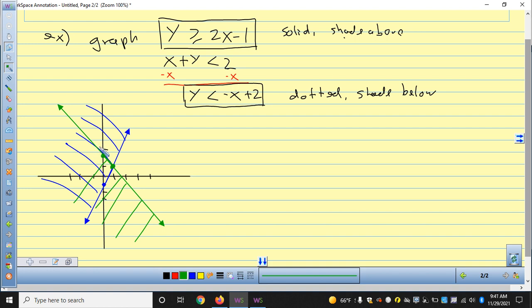And over here is where the shading overlaps. And if I continue these blue lines, they'd keep going here like so. Our solution to the inequality is this entire place where the shading overlaps.